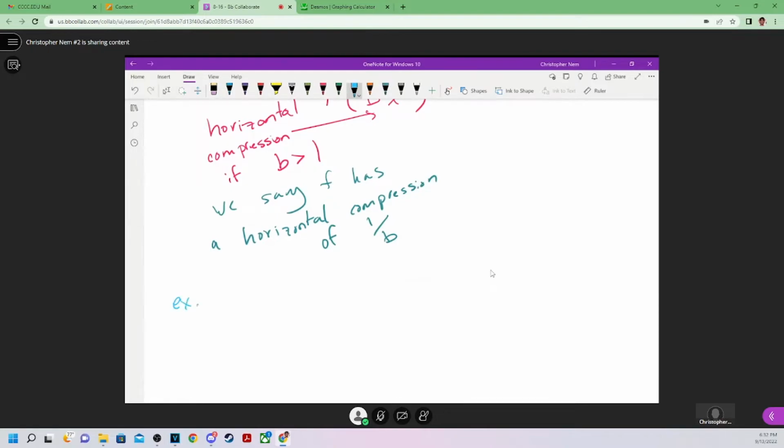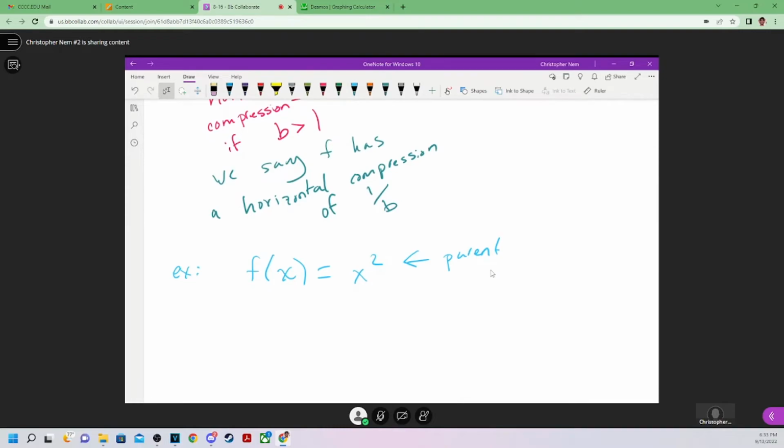Example. What if instead I had f of x squared, my parent function. This is the parent. Eventually, you guys will get used to me not calling it a parent graph, but right now I'm just showing you what each of the parent functions are. Let's take f1 of x equals, let's take it to be something like 2x squared.